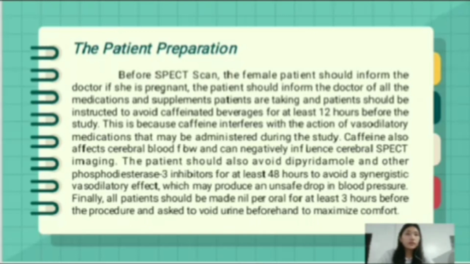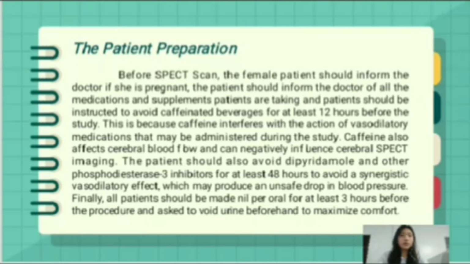This is because caffeine interferes with the action of vasodilatory medication that may be administered during the study. Caffeine also affects cerebral blood flow and can negatively influence cerebral SPECT imaging.